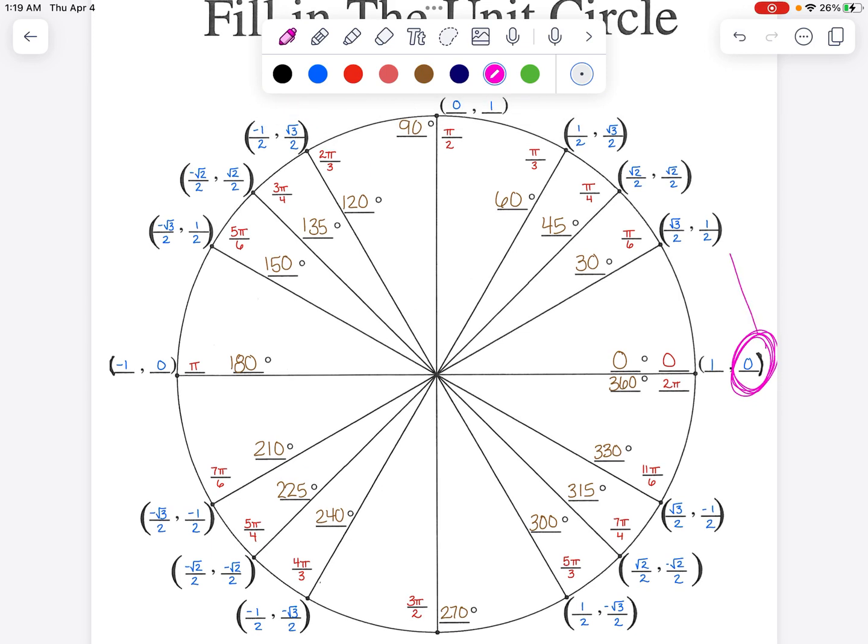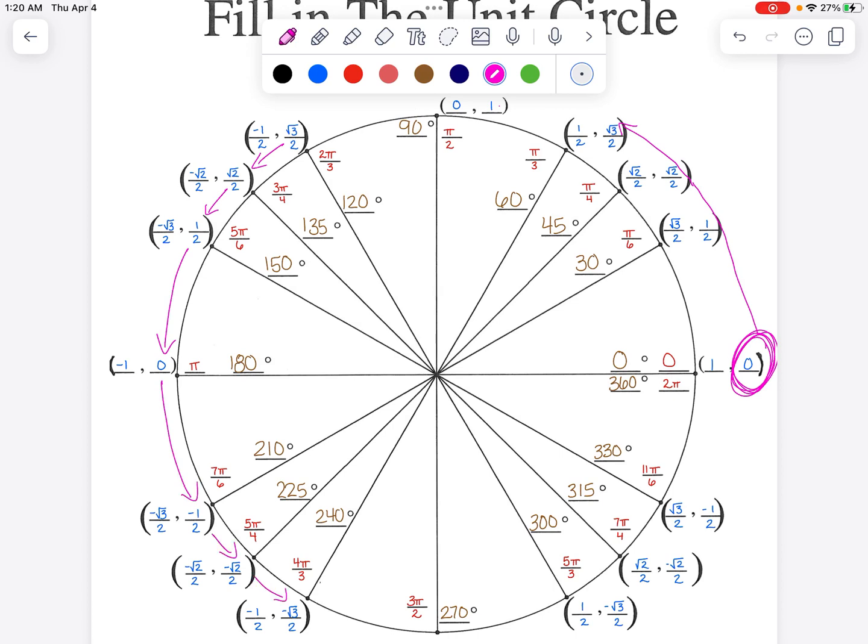So sine starts at 0, and then it starts to increase to 1/2, to square root of 2 over 2, to square root of 3 over 2, eventually getting to 1. And then it starts to decrease again, going down to square root of 3 over 2, down to square root of 2 over 2, down to 1/2, back down to 0.